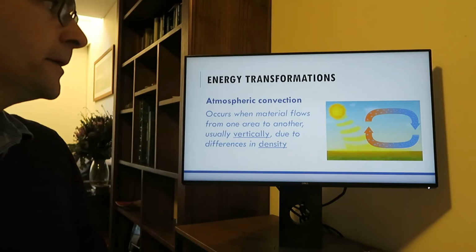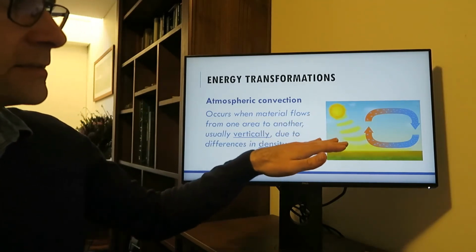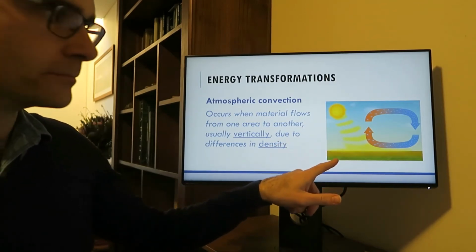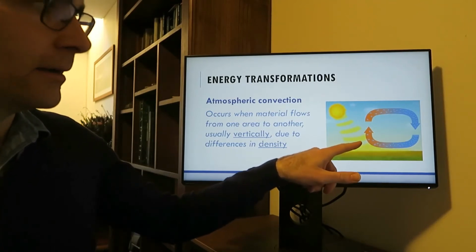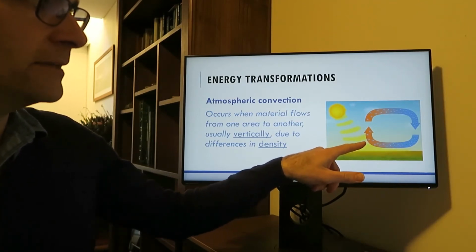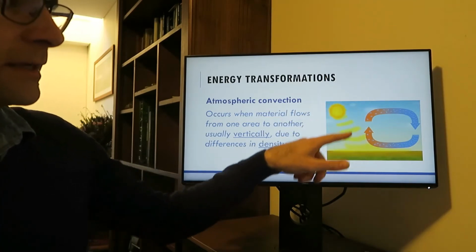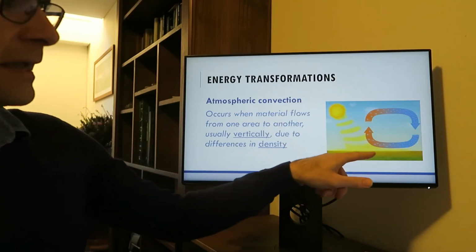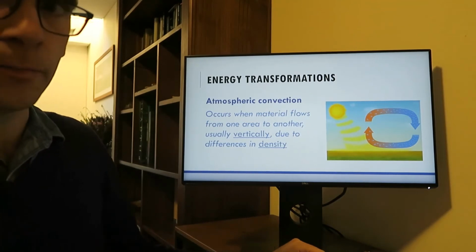Likewise, in the atmosphere, when we have more intense solar radiation happening at the equator, so here on the left, it's going to increase the temperature and therefore increase the amount of particle activity, and that's going to cause those air particles or water vapor to rise. Then as it gets higher up into the atmosphere, it's going to cool down, and eventually sink and move towards the higher latitudes of the poles.